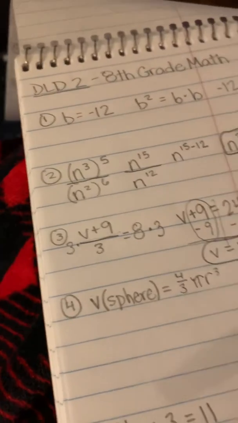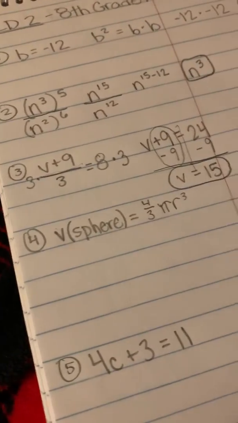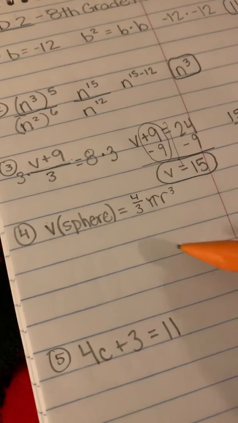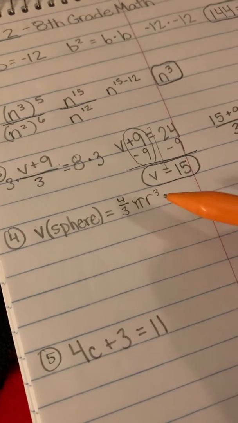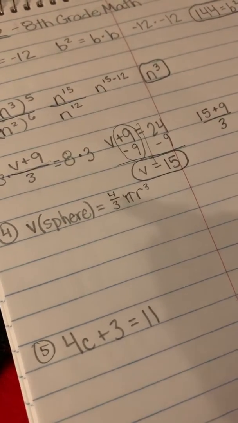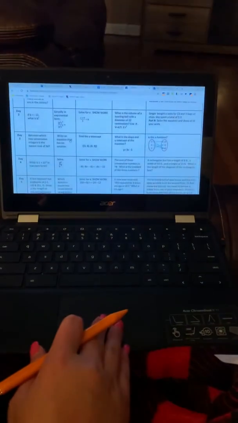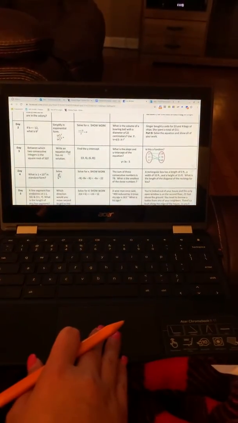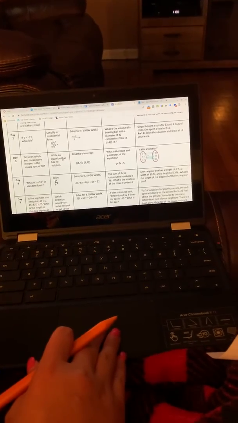Number 4 is the volume of a bowling ball, which is going to be a sphere. And the formula for that is 4/3 pi r cubed. And it says use the pi symbol for pi. So then it tells us that the diameter of our bowling ball is 22.